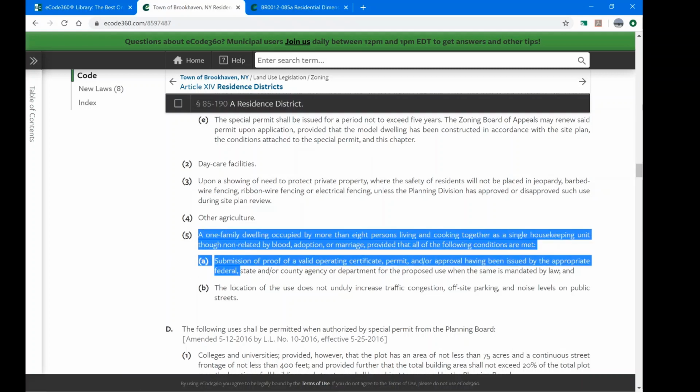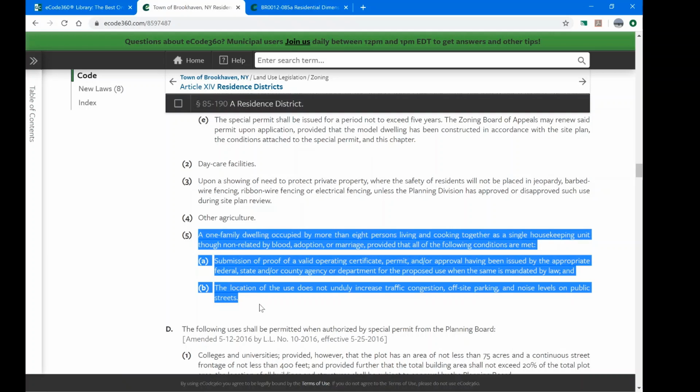So what we're looking at here is, by special permit, we can have one-family homes turned into structures that will house many people. These can be group homes. These can be sober homes. These can be temporary housing. There's a lot of things that fit into this criteria, but it's all got to be done through special permit. The town needs to be aware of that.